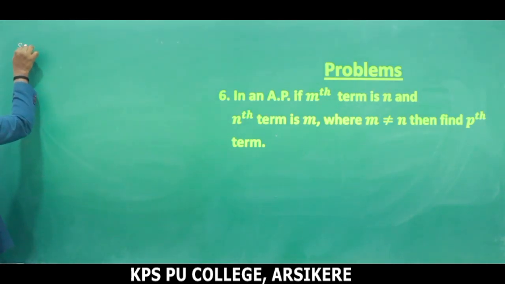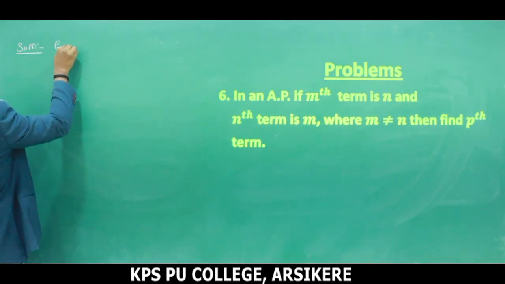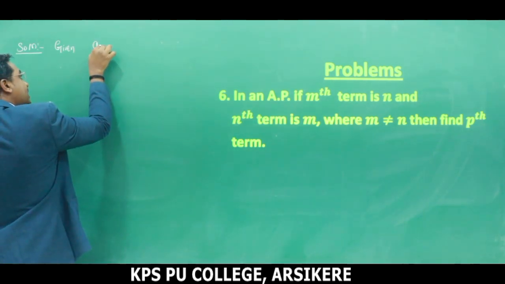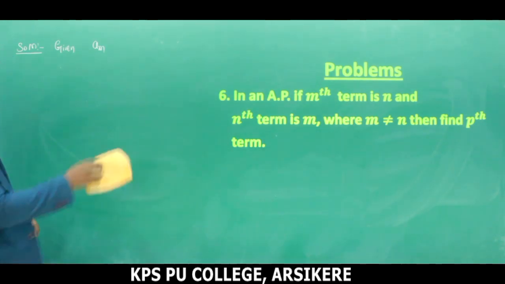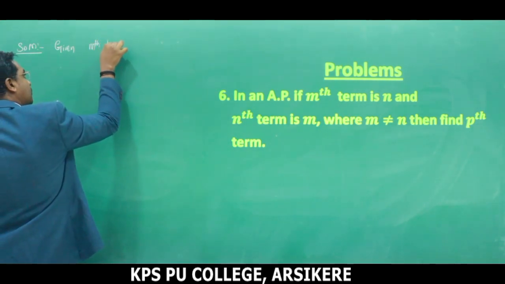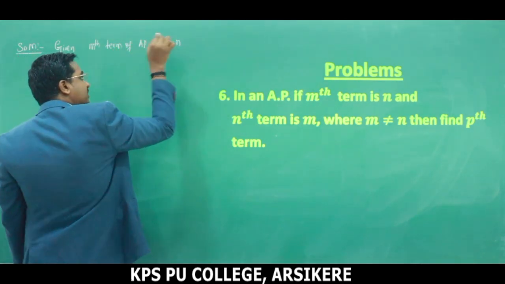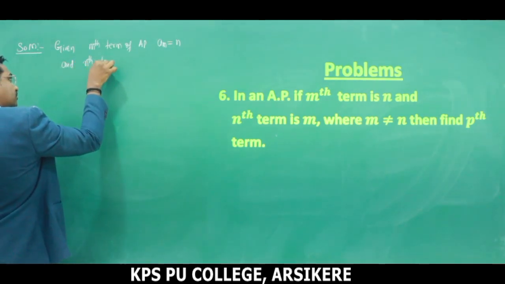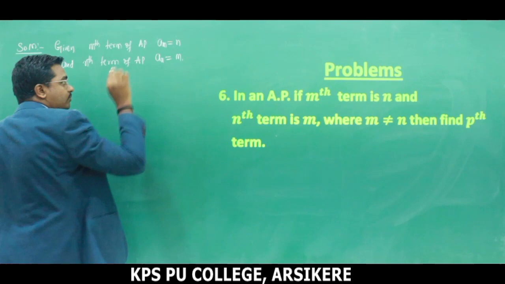Solution. Given, the mth term is n, so am. Here m represents the mth term. So you can write, given: the mth term of the AP, am, is equal to n, and the nth term of the AP, an, is equal to m.